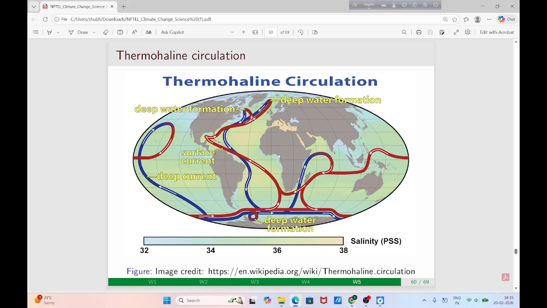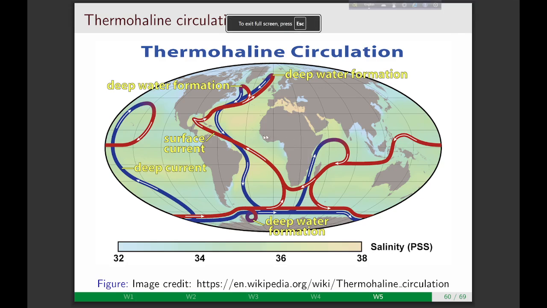So here we can see the pattern. What pattern? We need to study carefully. Let's say here towards the equator, the water is very warm, and due to the wind current, which is also known as the trade winds, the water, after being forced by the wind, flows towards the east coast of North America. And from there, because it has some barrier, it will flow towards the poles, the North Pole.